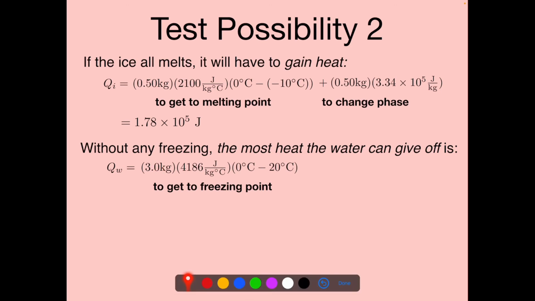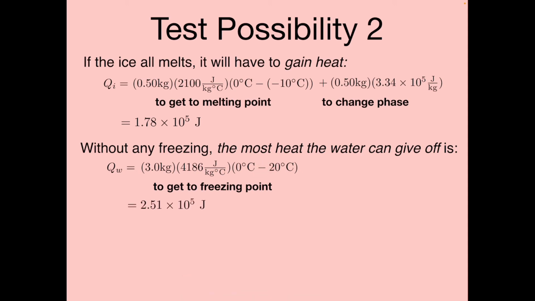It's the mass of the water, which is 3 kilograms, times the specific heat of liquid water, which is 4,186 joules per kilogram degrees Celsius. And then delta T, the temperature change, is 0 degrees Celsius for final, minus 20 degrees Celsius for the initial, which works out to 2.51 × 10^5 joules.